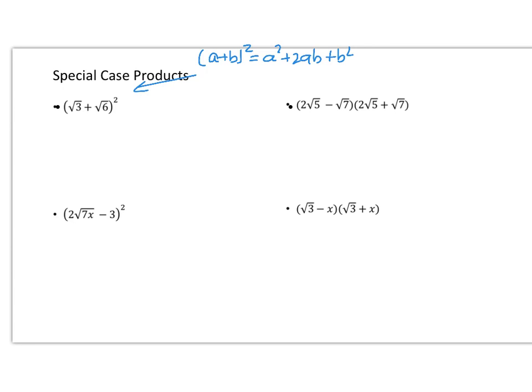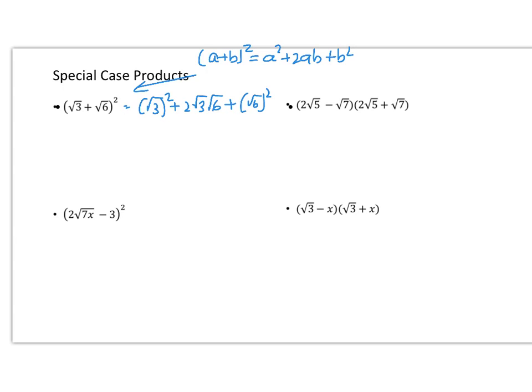So we're going to see that this is going to be square root of 3 squared plus 2 times a, which is square root of 3, times the square root of b, which is the square root of 6. And then the last term is b squared, which is the square root of 6 squared.